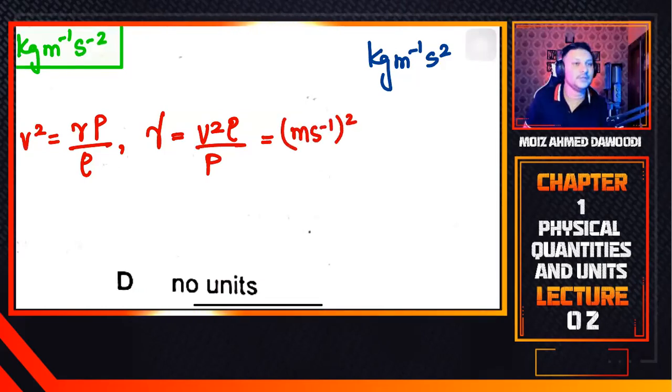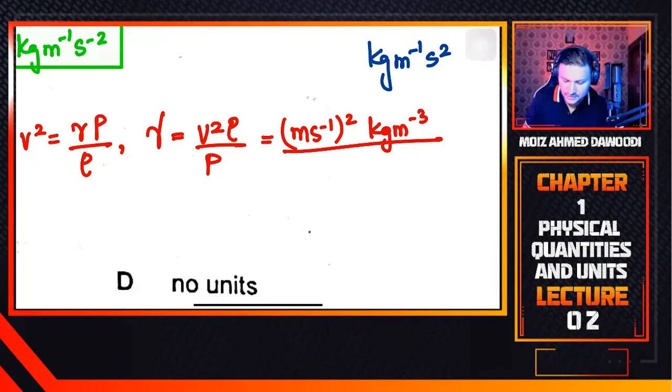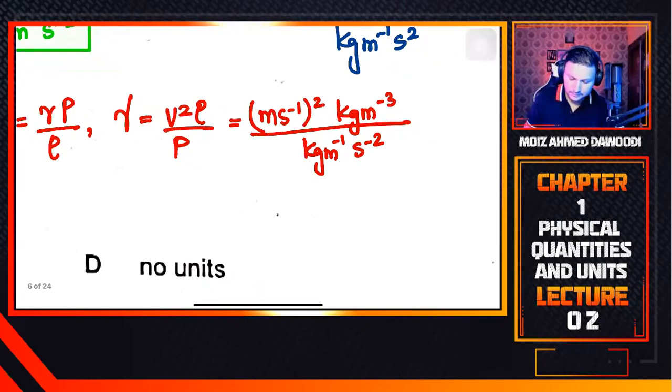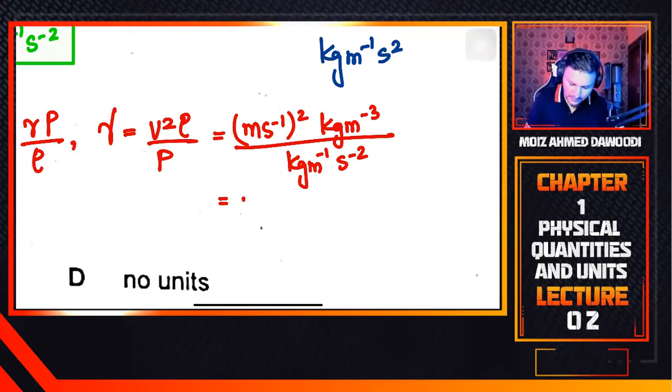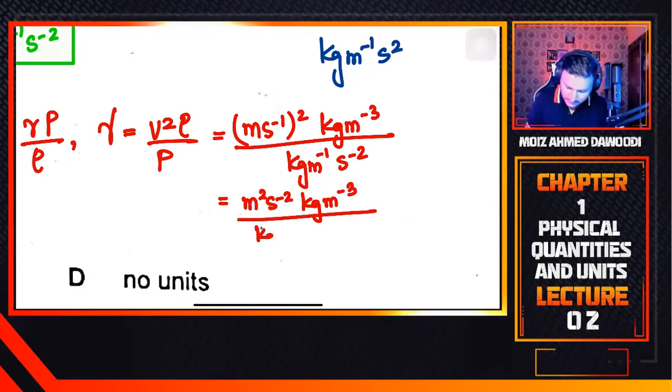Similarly, density is kg m^-3, and pressure is kg m^-1 s^-2. Let's simplify this: m^2 s^-2 kg m^-3 upon kg m^-1 s^-2.